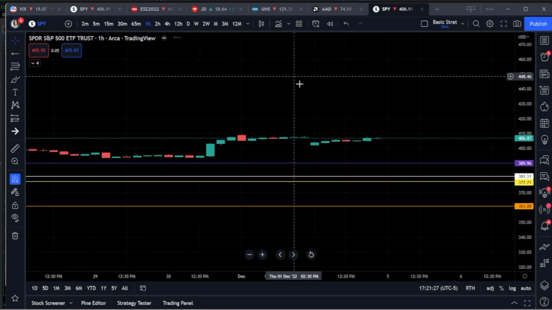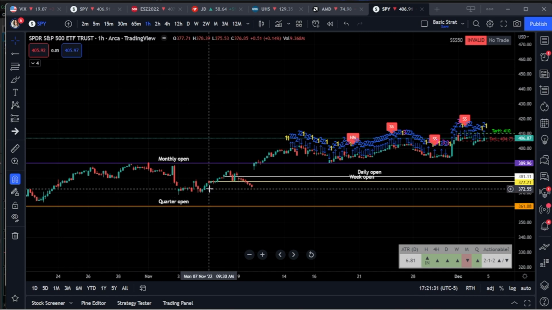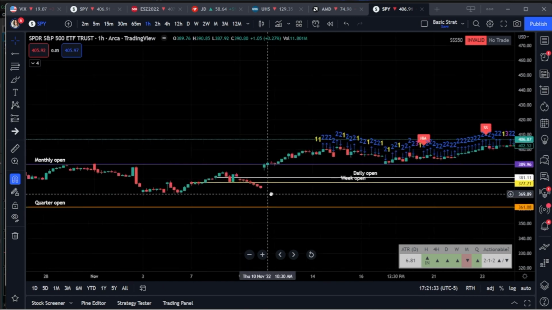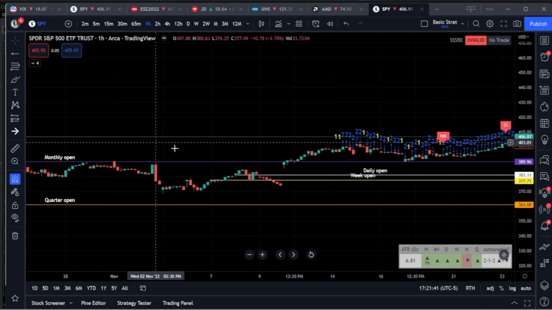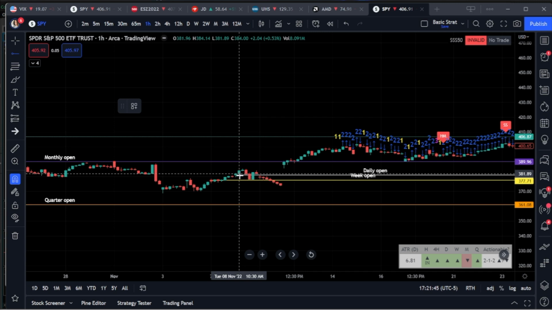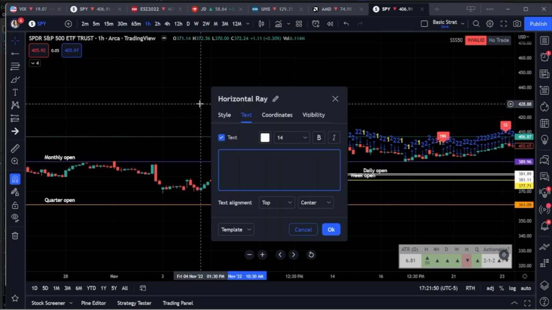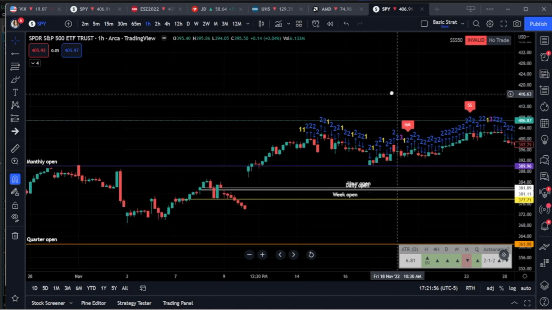All right, and then we're going to go down on the hour to November 8th, Tuesday. And here's the second hour, which is actually super tight with the first hour. Here we go, 10:30. Boom. So this is the hourly open. Look how tight that is.